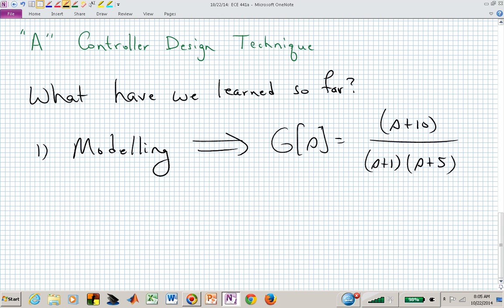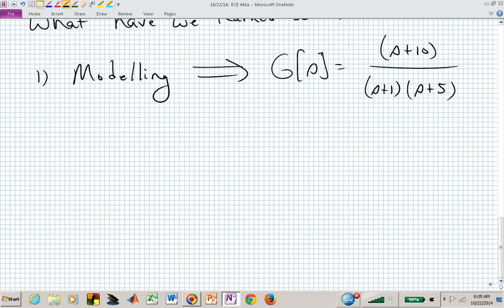Where those factors go to 0, at S equal -1 and at S equal -5. This is a stable open loop system. It's an okay system. We do have a finite 0 at -10, but you should now see that pattern of poles and zeros in the S-plane mentally. What else have we done? We've done some work with design specifications.